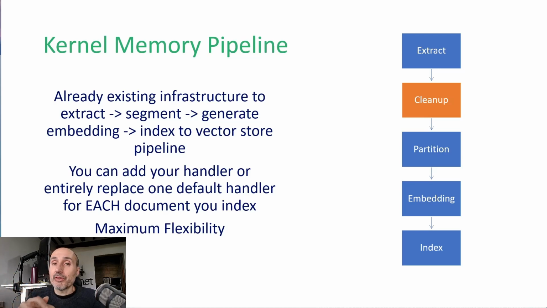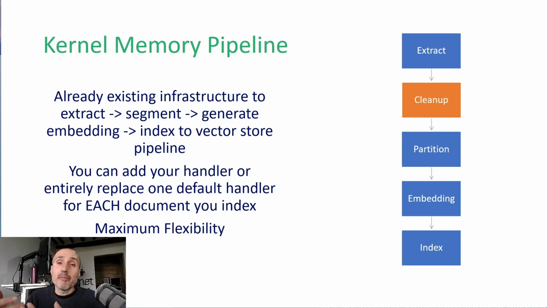But it lets you insert, as you see in orange, your piece of customized handler, which allows you to customize just the little piece you need to adapt to your business, to how your data is created and how your data is ingested into the pipeline. This gives you only the burden of customizing a little step, leaving the library the burden of doing the standard things like extracting text, indexing, generating embeddings. And this gives you the maximum flexibility and the minimum time needed to adapt a solution to your needs.